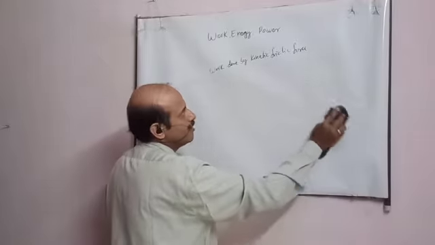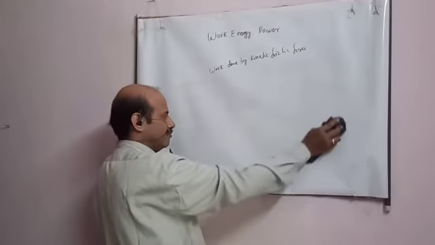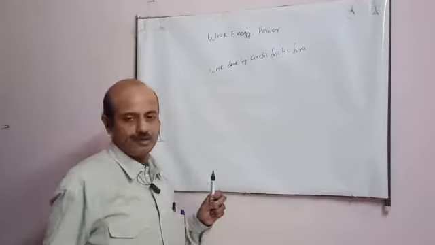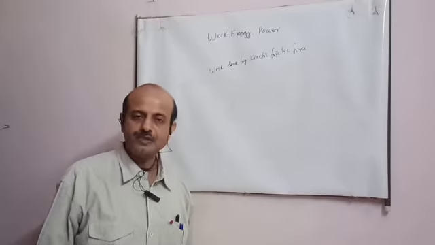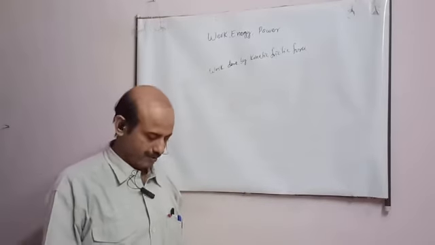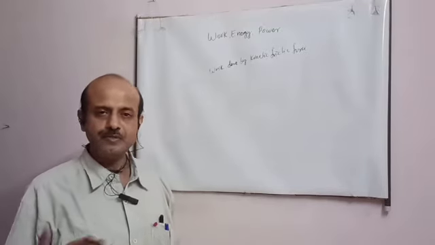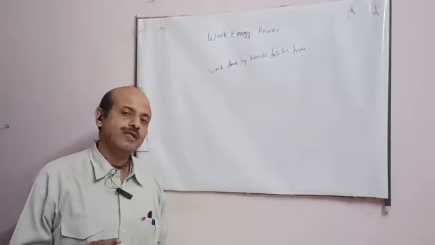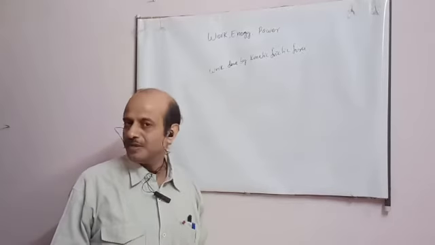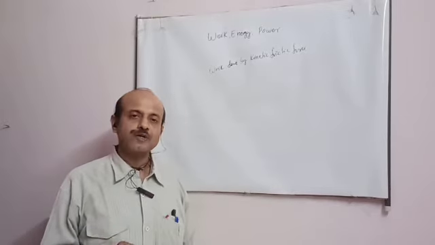So student, till now we have seen three kinds of forces: one is the mg force, second was the spring force, and then the friction force. What we noted is that for the mg force and spring force, work done was independent of the path, dependent only on the initial and final position, and work done in a closed path was 0.